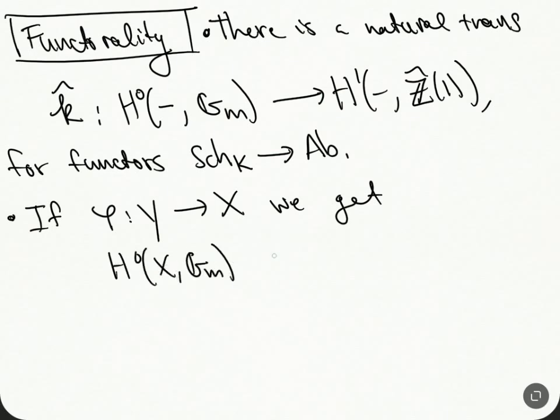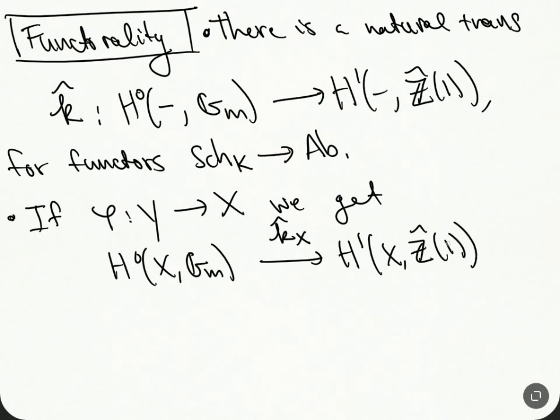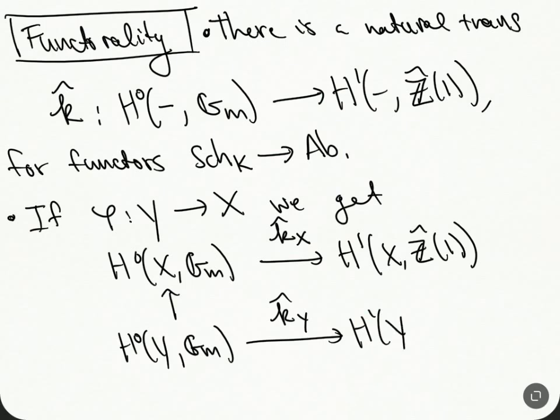This is for GM, this is the kappa hat of X, to H1 of Z hat 1, and this is the group scheme on X. This is kappa hat of Y. So we have a morphism from Y to X, and actually these arrows should go the other way.